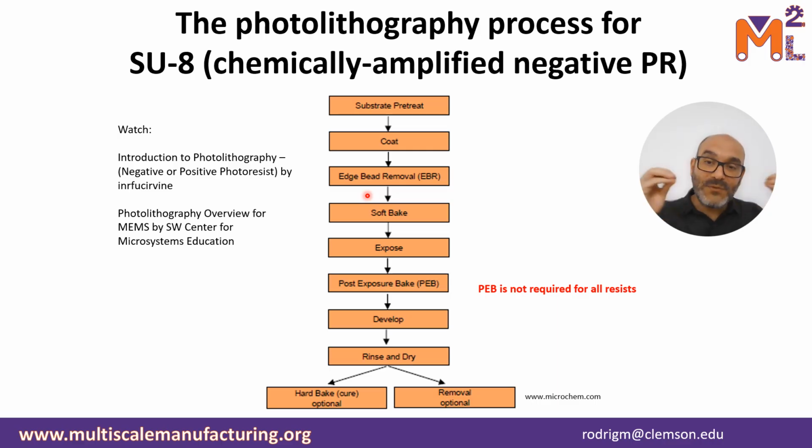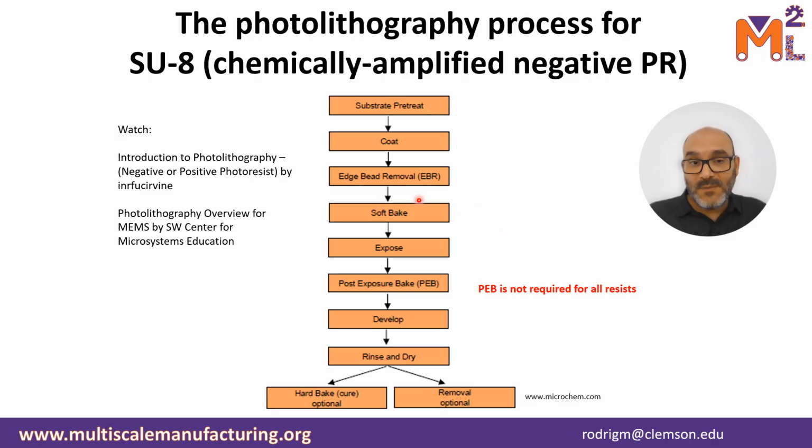So then you can start having some accumulation of material at the rim of the wafer, and that will be your edge bead. In most cases, you do not want to have this edge bead because that will have implications during the exposure, right? I will tell you a little bit more about those later.